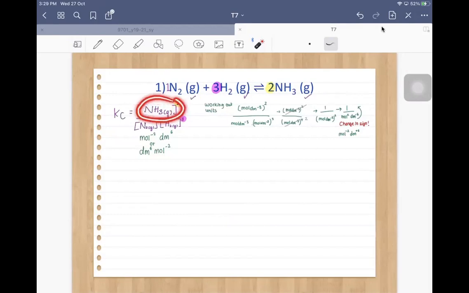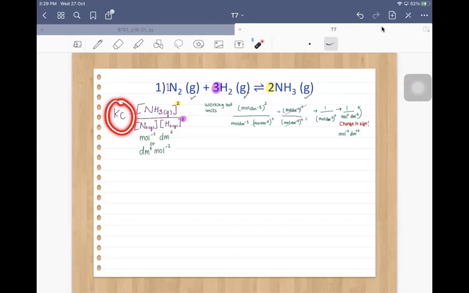So for example, here, square bracket NH3 means the concentration of NH3 raised to the power of 2. And you notice that the number 2 is the stoichiometric number of ammonia in the equation. So please change for all the symbol that I used yesterday as Kp, it should be Kc, where C stands for concentration.